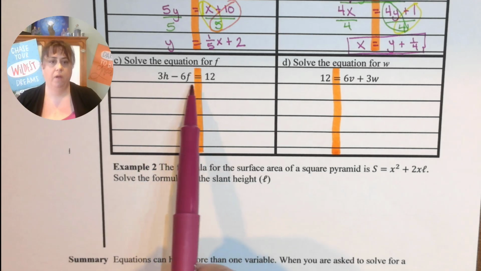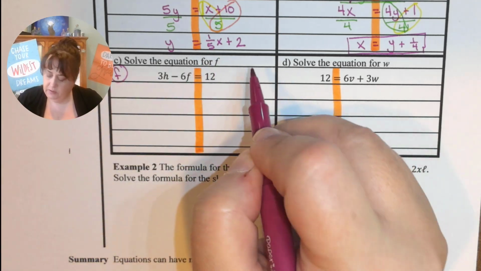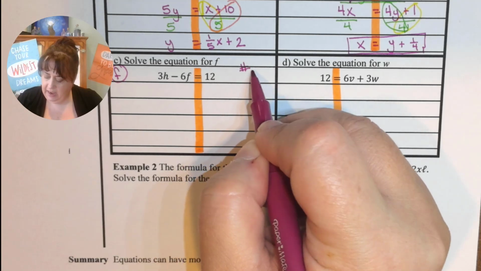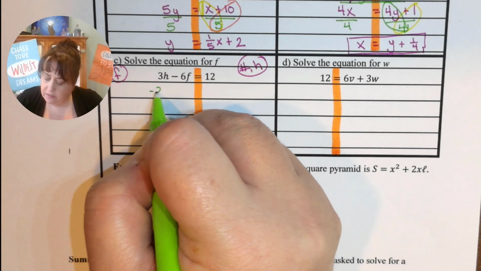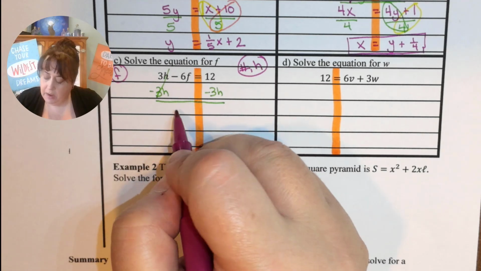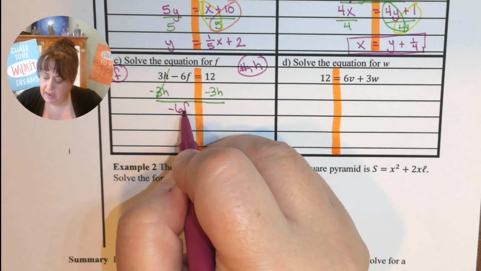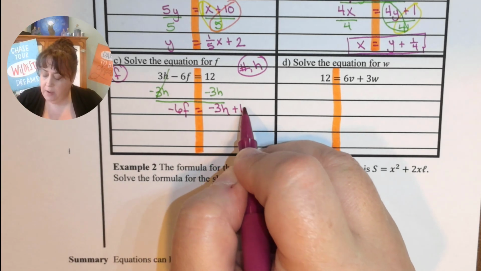Okay, so we're solving for f. So this side's f. So this side must be numbers and h. So h did not belong, so negative 3h. So you are left with negative 6f is equal to negative 3h plus 12.